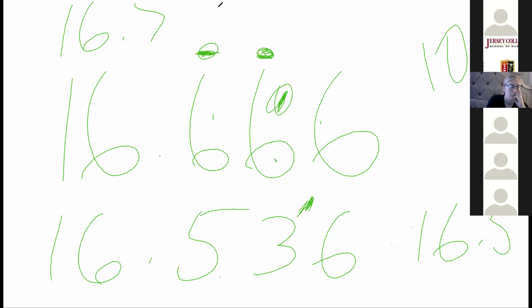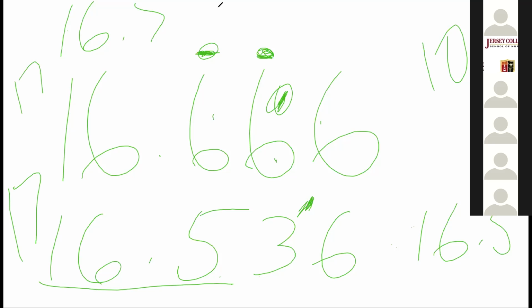So rounding 16.5 to a whole number, my answer would be 17 because that is a 5 or higher. The same for 16.6, my answer would be 17. Now, if this were a 4 and I were rounding to a whole number, this would remain 16 because that's less than 5. Everybody understand that?